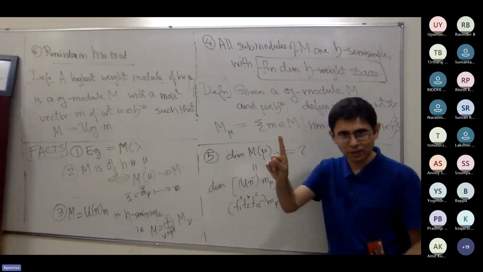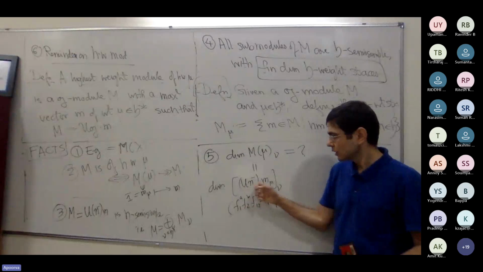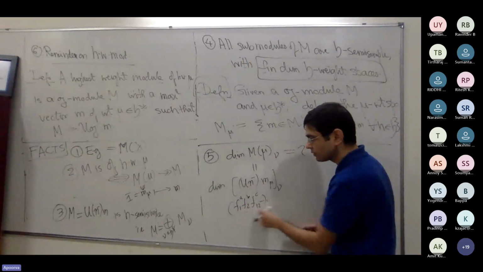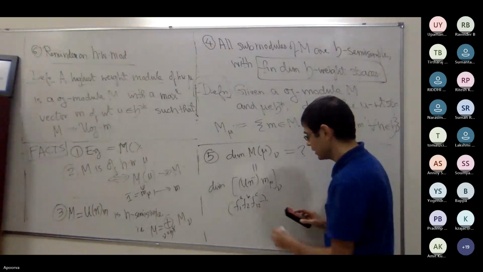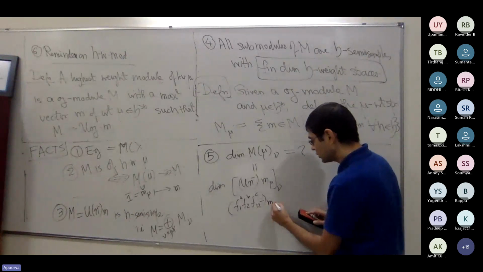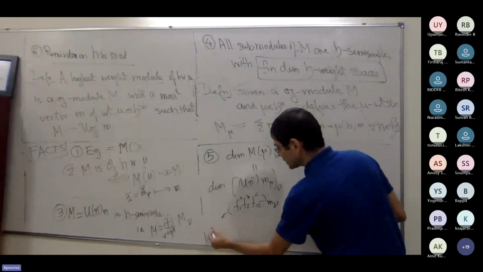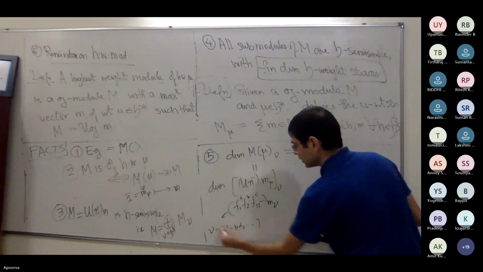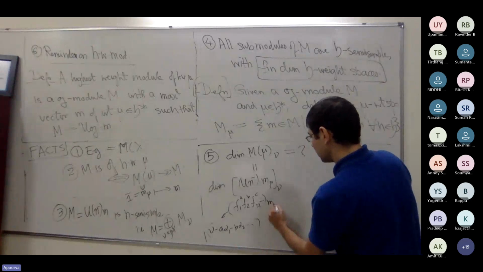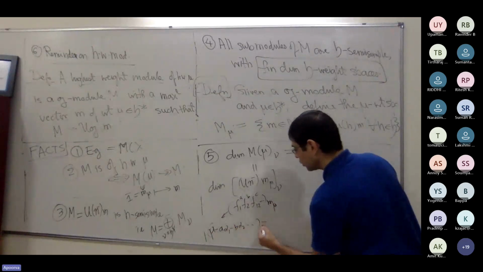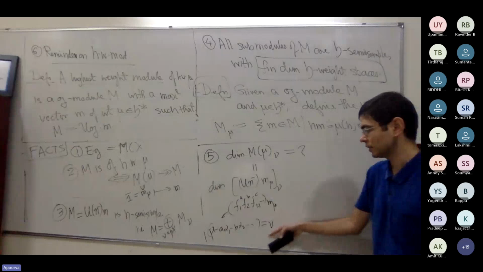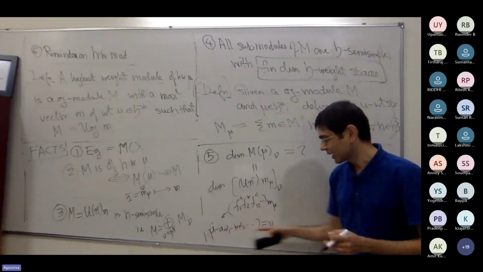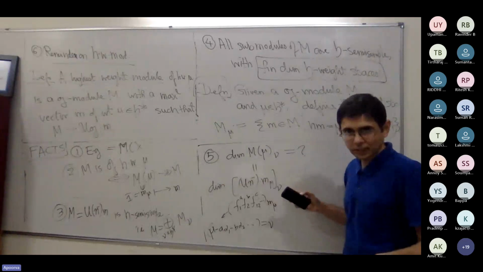Every negative root space is one dimensional, as we have seen earlier. Therefore, U n minus can be written in terms of words in some ordered basis corresponding to negative roots. And we want this weight, lambda minus a alpha 1 minus b alpha 2 and so on, to equal mu. So how many different PBW words would give me the correct weight? That is exactly the dimension of the weight space.